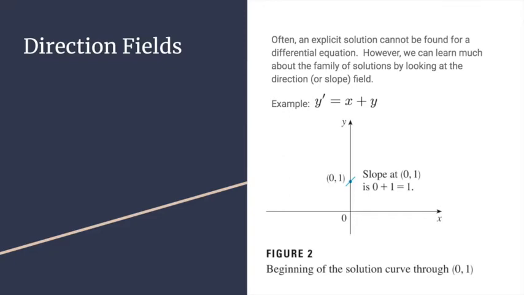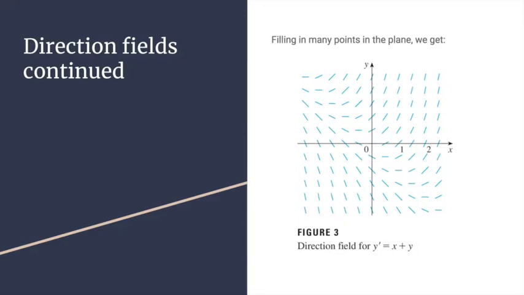The way we would continue this, this is the same differential equation, but I've filled in a lot more points. What we can basically do is follow the curve. Here's, I think, the initial point that we graphed with a slope of 1. If we wanted to figure out what the solution that goes through the point 0, 1 would look like, we just follow this slope line.